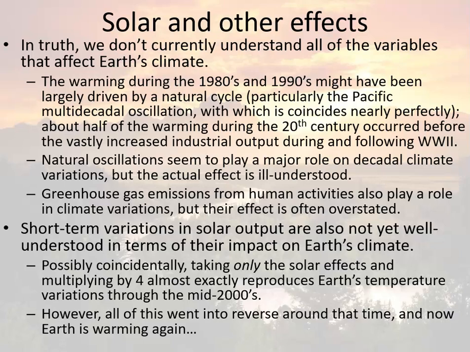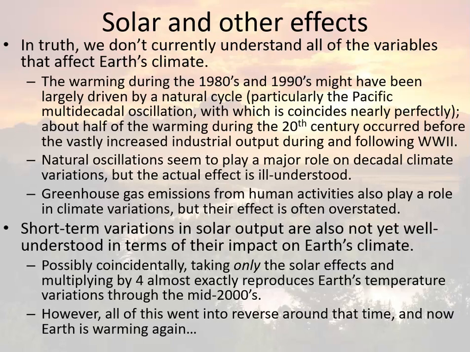In fact, I remember in the late 2000s, the various groups who contended that the global warming was caused primarily by natural events versus anthropogenic causes, that is, human causes, said that we can make a prediction. If it's caused by natural events, then we expect that during the 20-teens, temperatures should start to get cooler starting around the early to mid-20-teens.